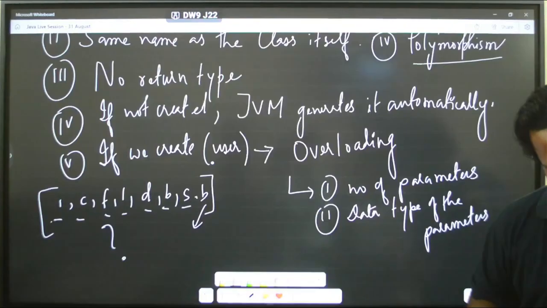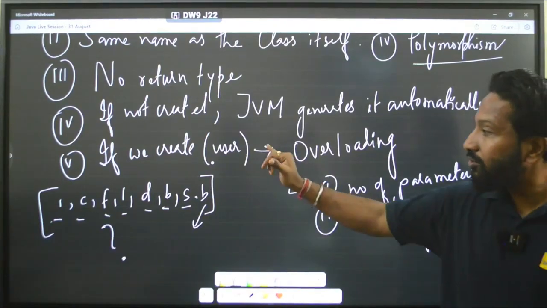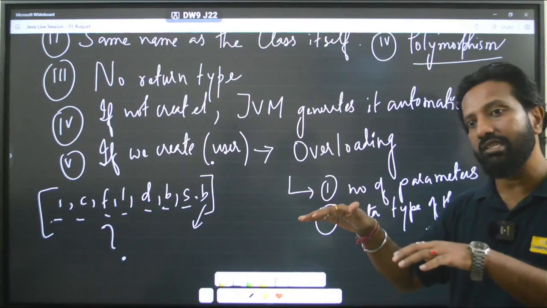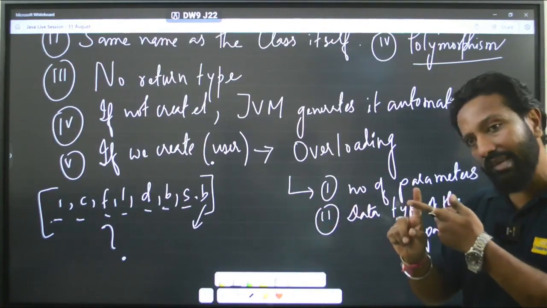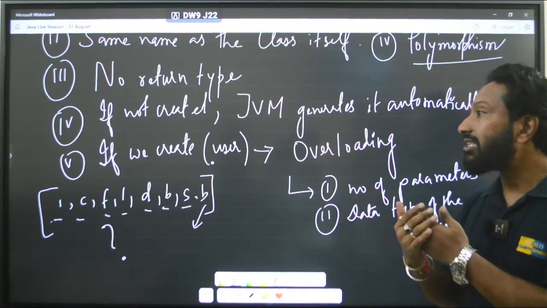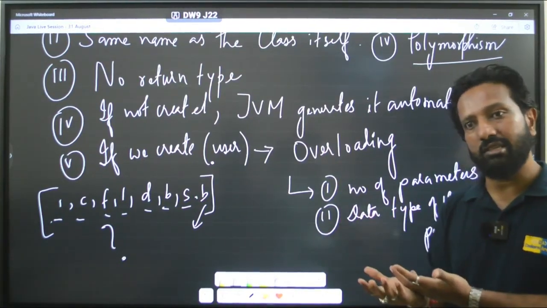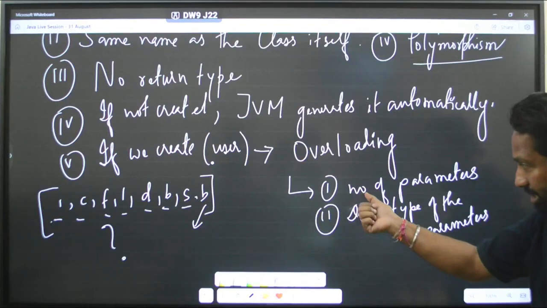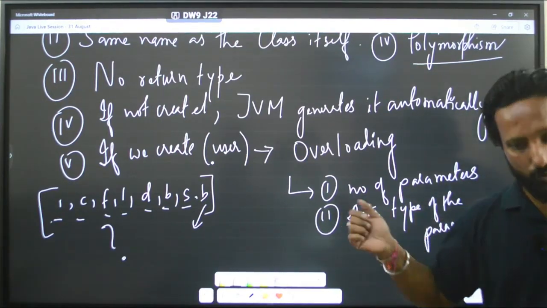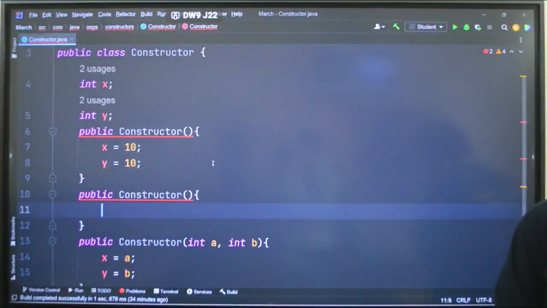If you want to use polymorphism or that overloading concept, you want to have the same name constructors, you have to change the meaning or the definition or the signature of that constructor. How do you do it? Either you change the number of parameters or you change the data type of the parameters. So now just see here what is happening.